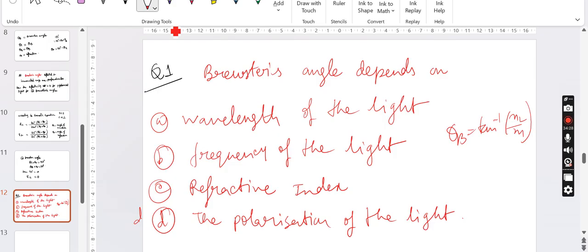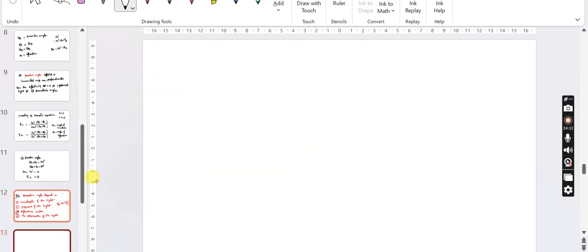So this basically depends on the refractive index. The answer would be the refractive index.